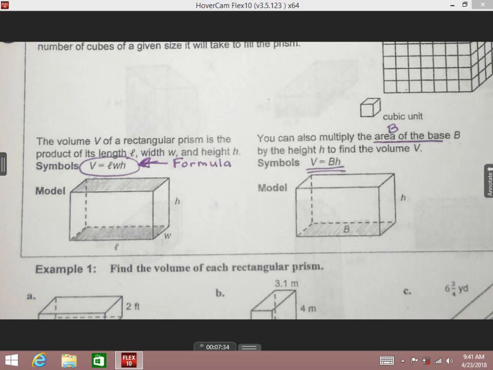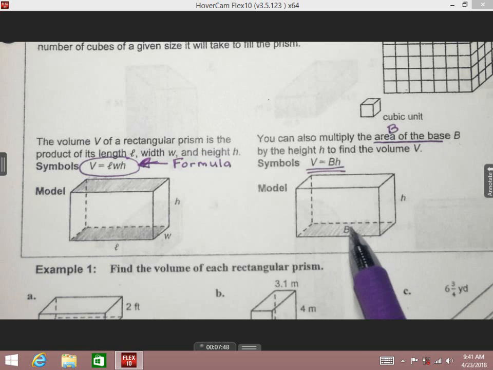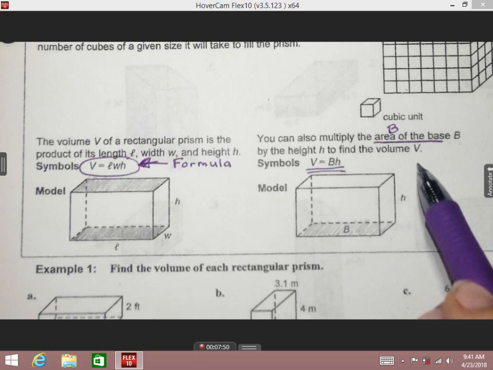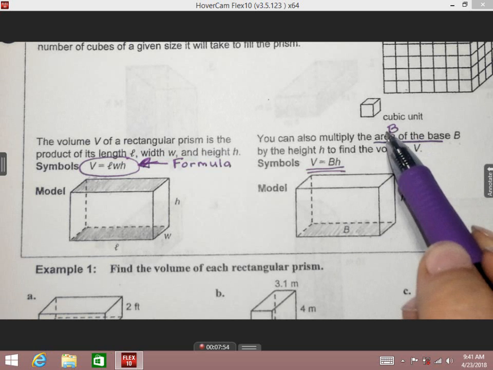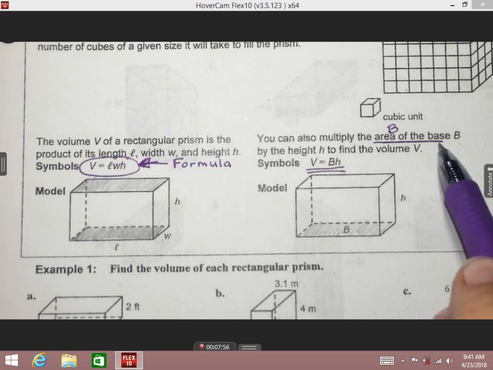Now, I know it's kind of crooked, but that's because they're trying to show that three-dimensional shape. All right? So that is still a rectangle on the bottom. Can y'all see how that's actually just a rectangle? It's just sitting flat up, kind of. Okay. All right, so this is a rectangle. What is my formula to find the area? See, big B stood for area of the base.